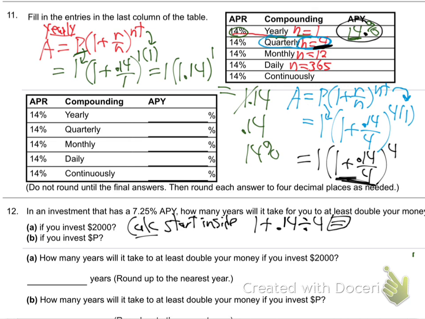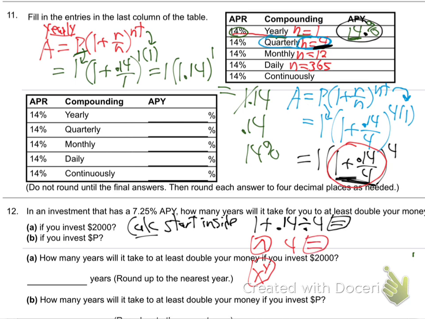All right, so anyway, we do the inside. So hit the equals right there. So right now what we have is 1.035. You should have that on your screen. That's what's in the parentheses, right? You guys with me? Yes. And now what do you need to do with that? Raise it to the 4th power. What you can do, probably on all your calculators, is go up arrow or the X to the Y or Y to the X button, whichever one you have, 4, and then hit equals.